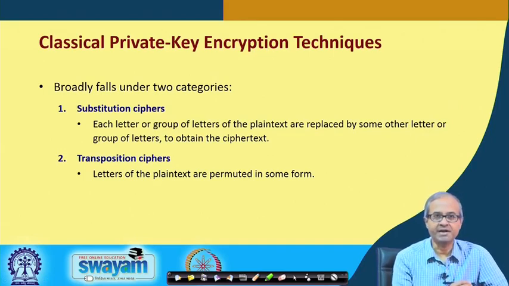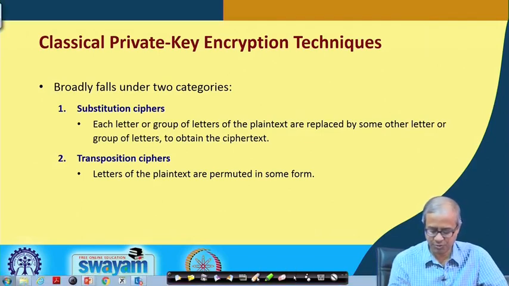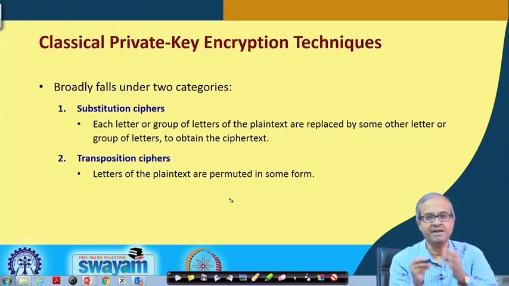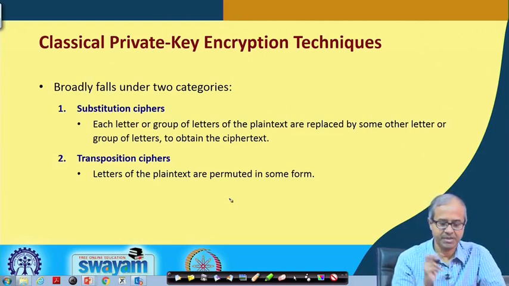Now, let us look at some of the classical private key encryption algorithms. They broadly fall under 2 categories. Well, here I am assuming in the classical category that the message that I am transmitting is a simple text message. It is not a non-text binary file I am transmitting, a text message.